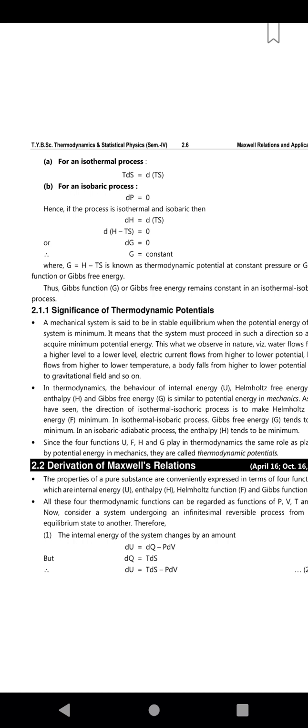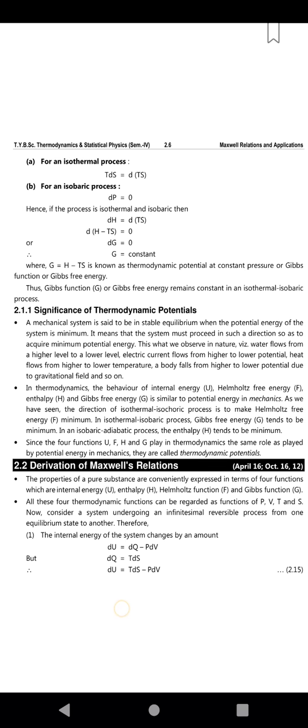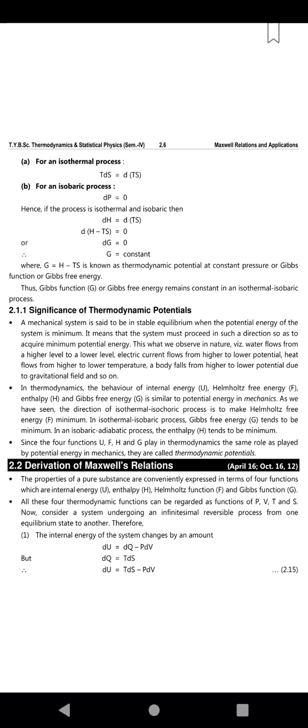Therefore, dG equal to 0, where H minus TS is the Gibbs free energy function. Therefore, G equal to constant. Therefore, in isobaric process Gibbs free energy remains constant. याचं पण युनिट काय असते, एनर्जीचं युनिट असते. That is, Gibbs free energy remains constant in an isothermal adiabatic process.